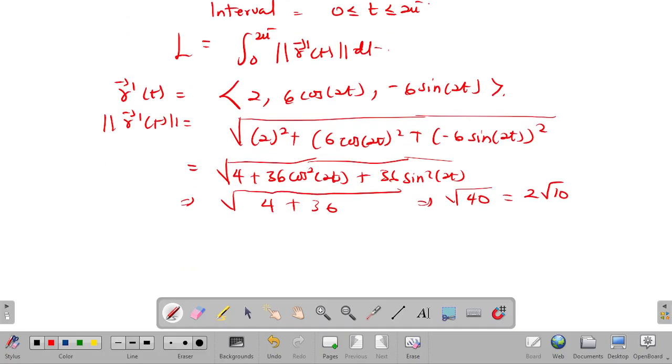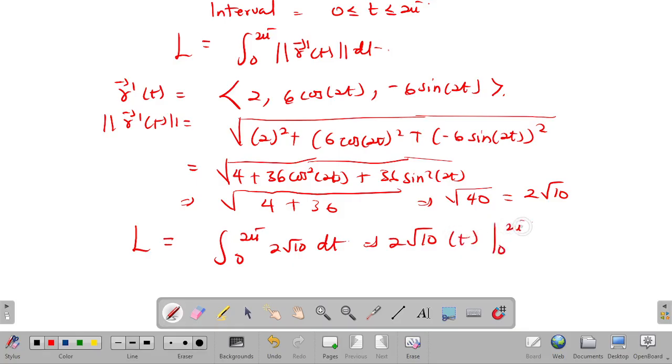Now we have the length of our tangent vector. Therefore, our L is simply equal to the integral from 0 to 2 pi of 2 root 10 dt, meaning 2 root 10 multiplying t from 0 to 2 pi.